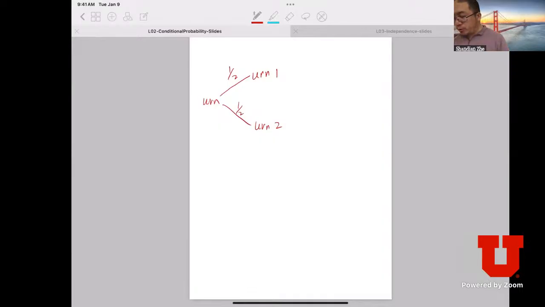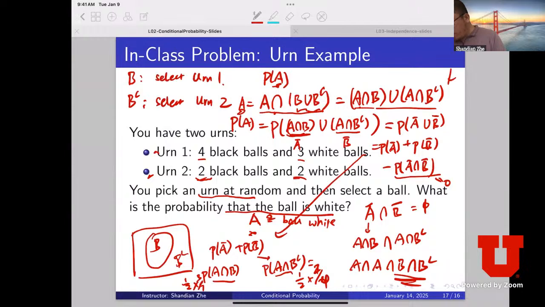And then given urn 2, you're going to select both, right? In urn 1, you have 4 black balls and 3 white balls. That means if you want to select a black ball from urn 1, what's the chance?